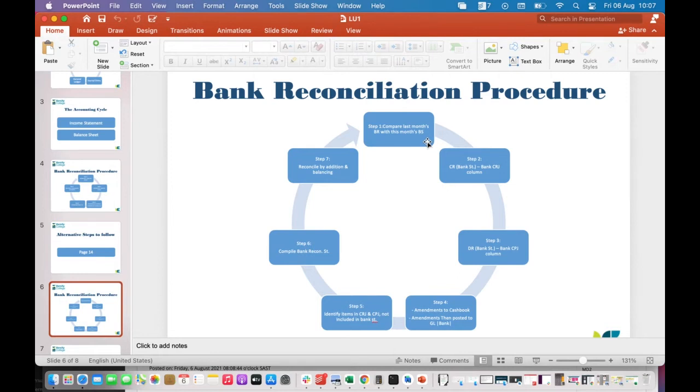When they then make those amendments, they will have the same balance that we have on our bank account in our books. So our first step is to check, did they actually implement the corrections we recommended to them for July's bank reconciliation statement in August's bank statement?